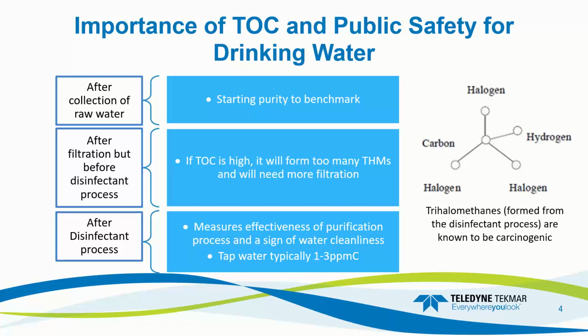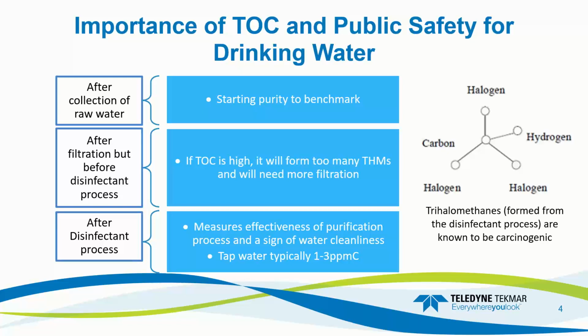And after the water gets treated as it goes through the plant and different treatment processes occur, we like to test the TOC throughout this process. If the TOC is high, it could form trihalomethanes, and it would need to be filtered more. That's done by a couple of different techniques, by TOC and also volatile organic carbons, which is purge and trap. So the water is getting tested in 2 different ways.